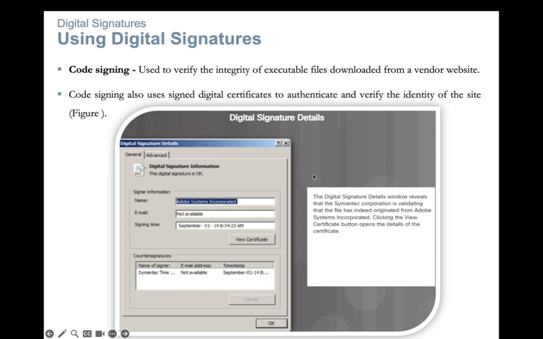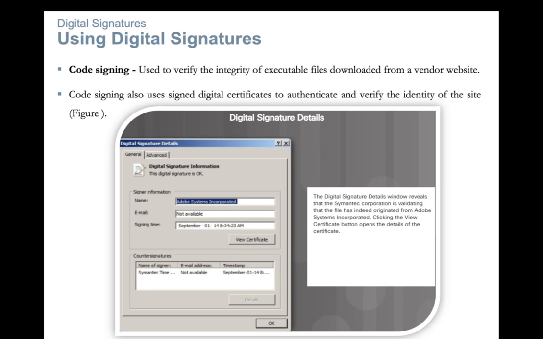So you can see in this figure, in this digital signature details, the signer information, that is Adobe Systems Incorporated, and the counter signatures that give the name of the signer, email address, and timestamp. It gives more details about the signer information by clicking on view certificate.